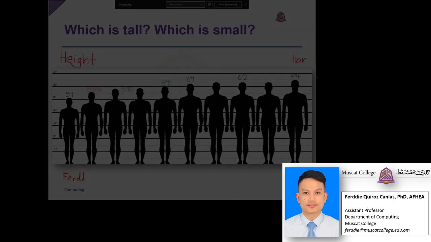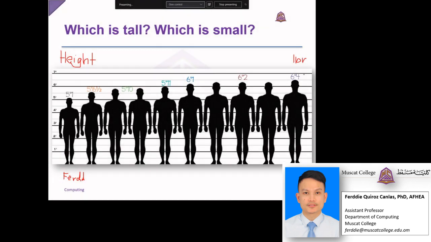Okay, going back to this example. I gave you some illustration here. I said earlier Ibrahim is 6'4". So we could say that Ibrahim is tall, right? No problem for this. Based on this collection of data that we have, we can say this person is small.